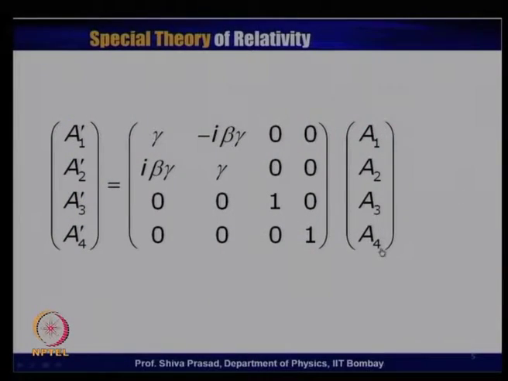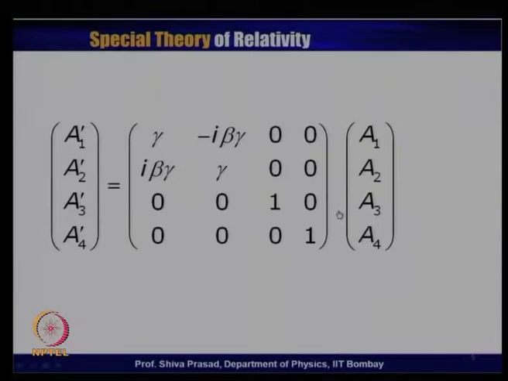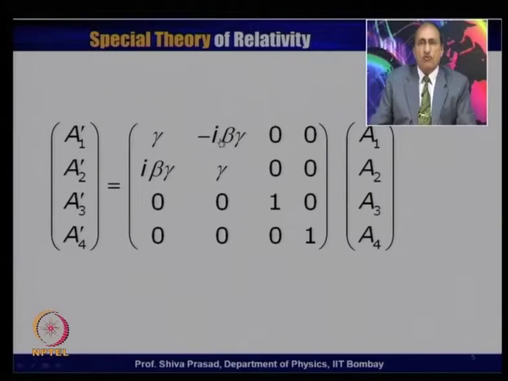The basic advantage here is that if you take this transformation matrix and take this square plus this square, it will turn out to be equal to 1, which is very similar to the rotational case that we discussed for traditional vectors, where also cos theta and sin theta appeared, and cos square theta plus sin square theta was equal to 1.